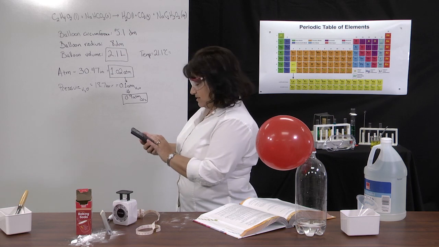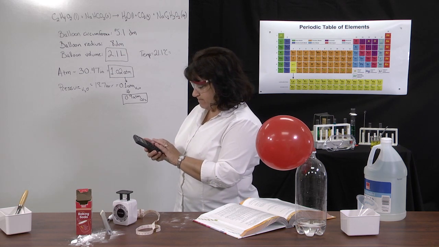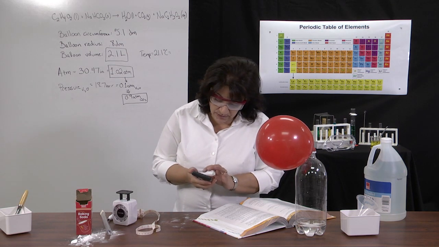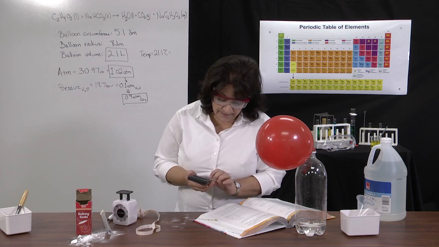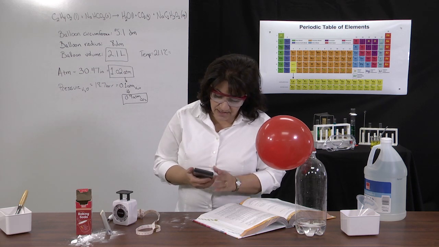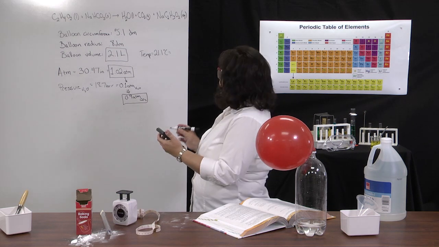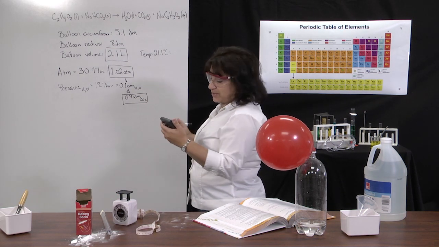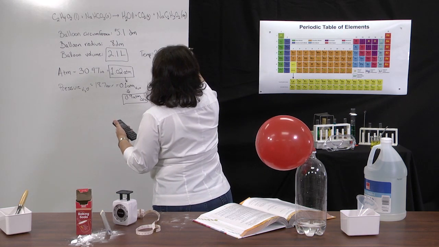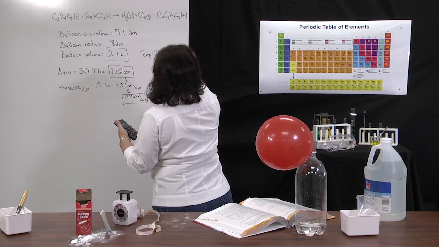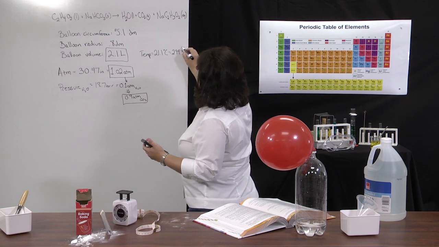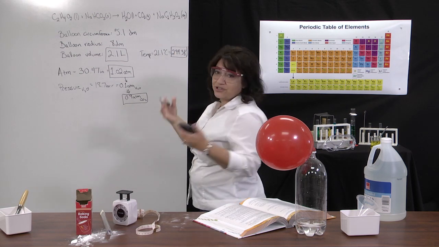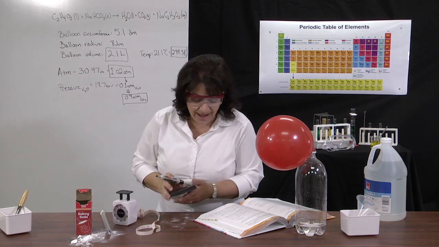So 21.1 plus 273.15, and we get 294.25, which I'm going to round to the tenths place: 294.3 Kelvin. Okay, so this is our ambient temperature in the environment we're in right now.